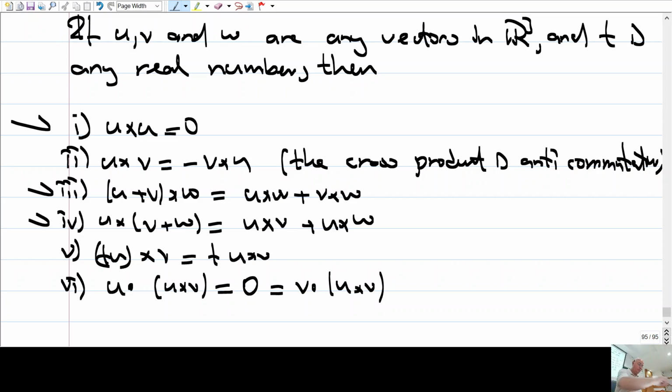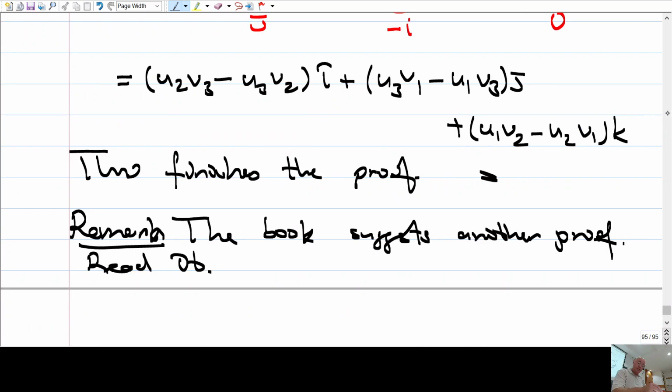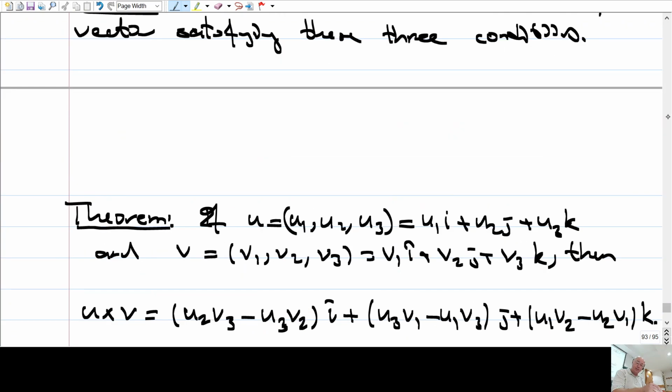These two, well, I assumed those. You can prove this using the formula of cross product in terms of coordinates. This one also can be proved that way, and this is just actually the condition in the definition, right?